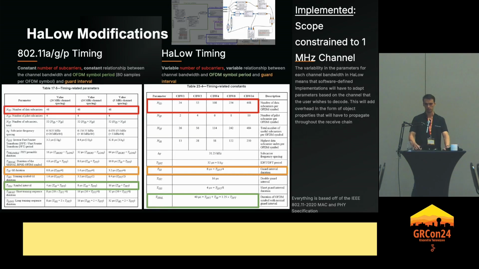So the key approach in implementing IEEE 802.11ah is doing more or less an object-oriented definition for each bandwidth, so that when you're going into your receiver, you can reference the variable within that object to determine what your samples per symbol will be, and also the number of subcarriers you'll have.